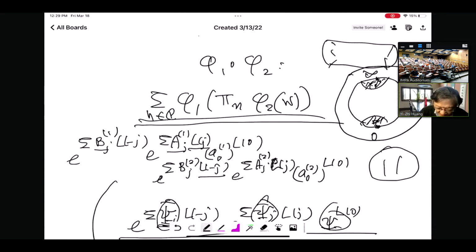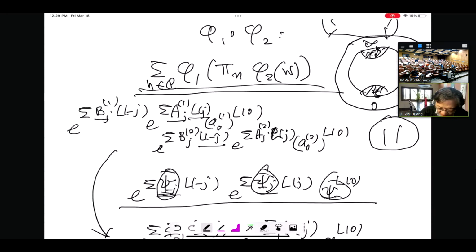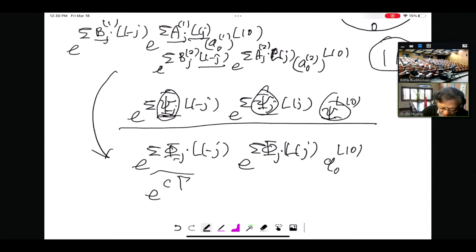But if you use the Virasoro algebra, there will be a central charge, and the central charge will give you such a thing. So now, if you do this, you only get these capital phi, small phi, and this gamma. They are all series, not functions. The main thing you have to prove is that all these series are convergent.